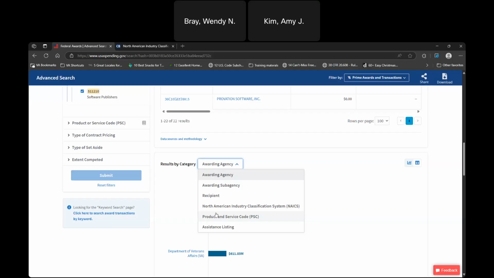No, it was 511210. When I plugged in for 2022, it didn't appear, but it did appear for 2017. Let's just say you have an outdated NAICS code that is no longer appearing in census, but you want to be able to identify whether or not VA is soliciting for the type of service or product you provide.